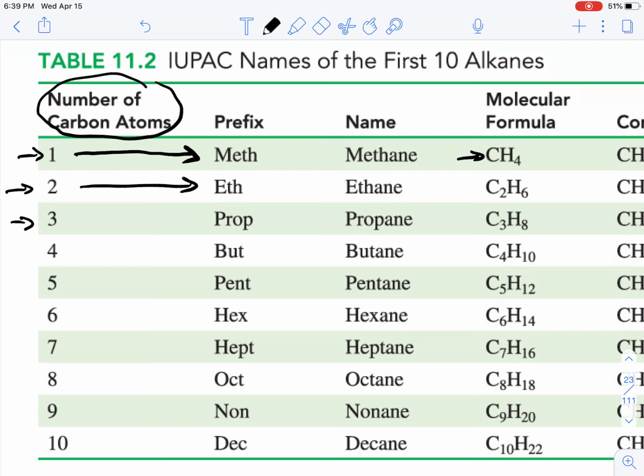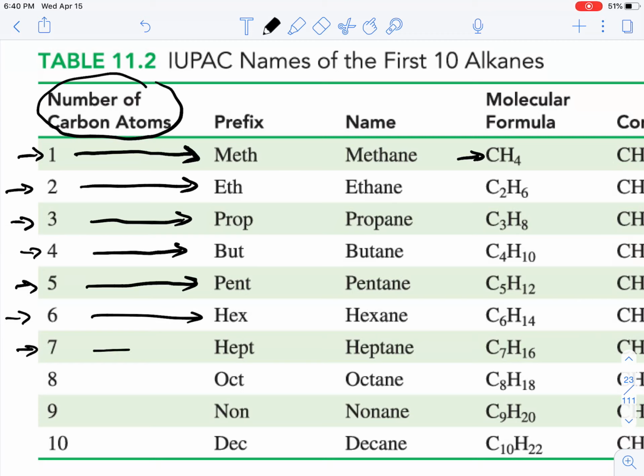If you have three carbons, the prefix is prop. And then if you have four, that's but. Number 5, pent. Number 6, hex. Number 7, hept. Number 8, oct. Number 9, non. Number 10, dec.